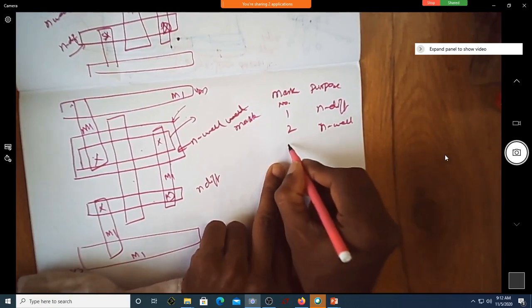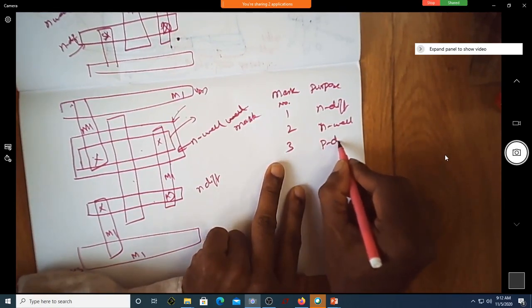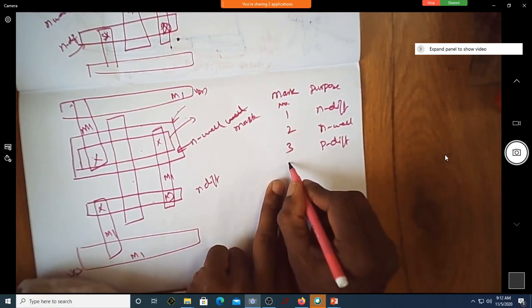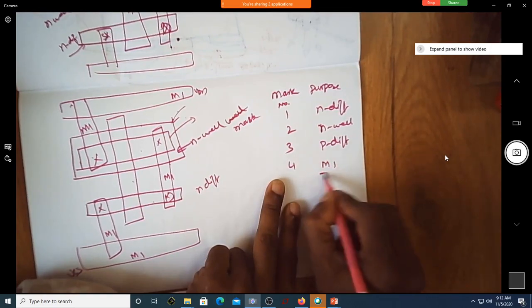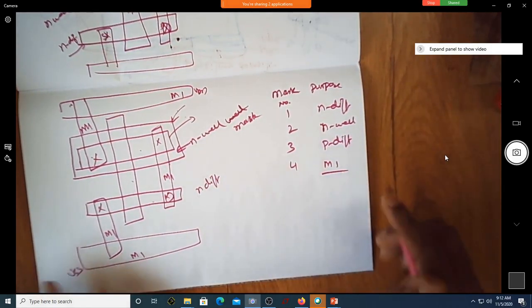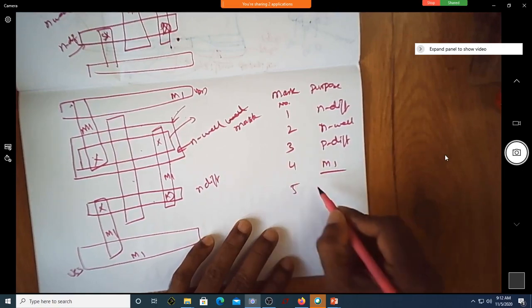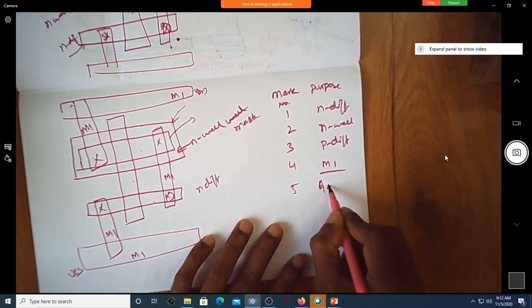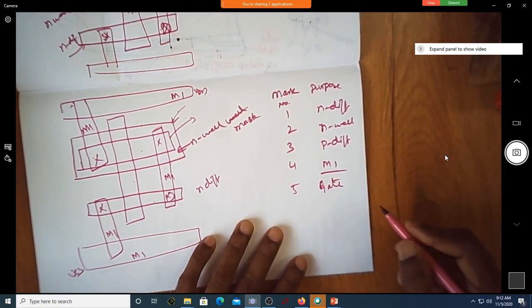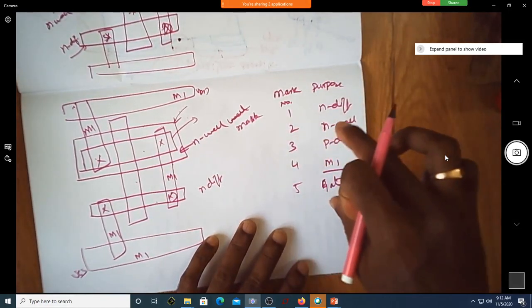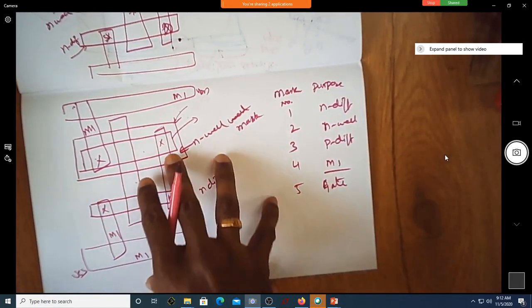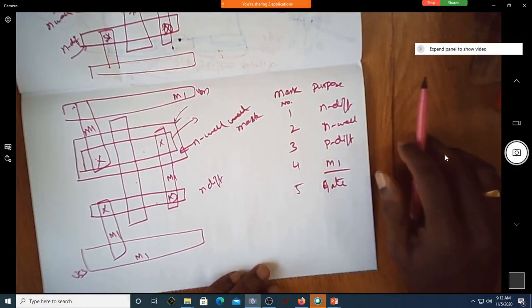And mask number 3 is for P diffusion. And mask number 4 is for metal. You need another mask, so mask number 5 is for gate. So these are 5 masks minimum required if you want to realize a CMOS inverter.